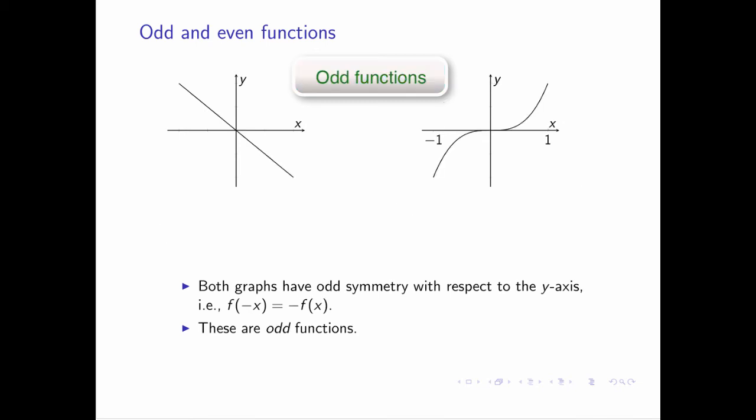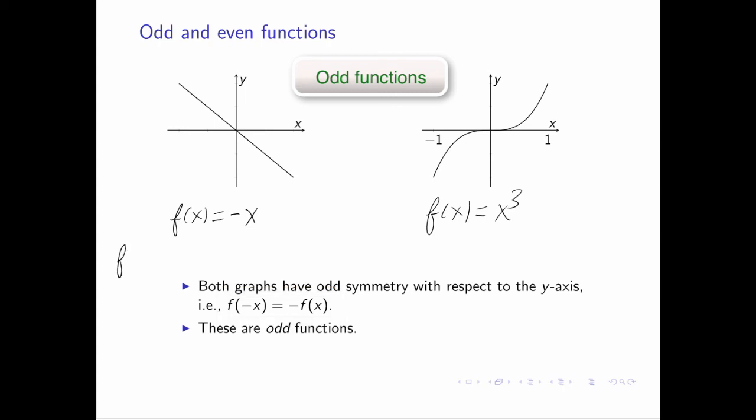Similarly, we can have odd functions. The graph on the left is f(x) equals minus x, and the graph on the right is f(x) equals x cubed. The symmetry is odd if there's odd reflection around the origin, i.e. f(minus x) is minus f(x).